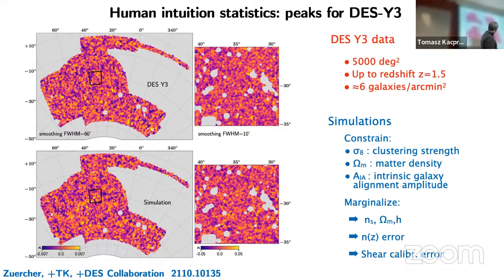You can see that there is a peak, and we would measure how high the peak is, creating effectively a histogram of how many peaks there are at what level of height. And we can use that feature to compare the simulations and the data. We did it on the full DES Y3 data set, and we constrained these three parameters that we are actually sensitive to. The other ones we effectively marginalized with a prior coming from other observations.